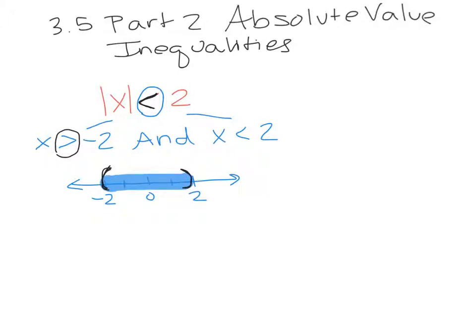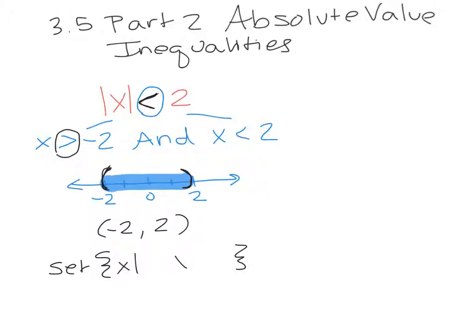Now, they will often ask you to write this in interval notation. So in interval notation, you will say that you have shaded everything from negative 2 to positive 2. If they ask you to write this in set notation, you will use your curly brackets. You always start with an x and a bar. And you will say that x is trapped between negative 2 and positive 2.